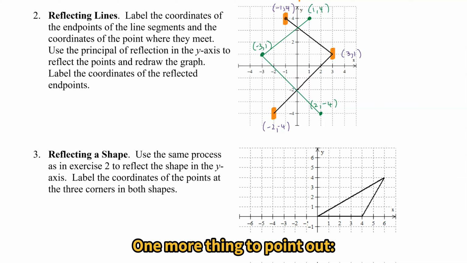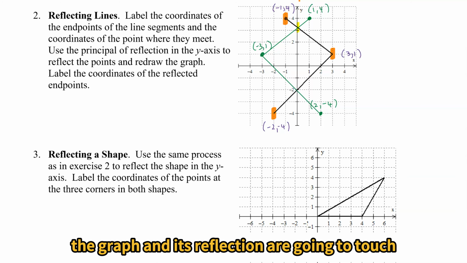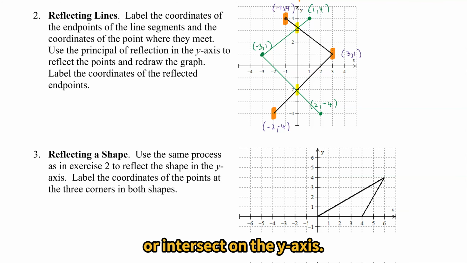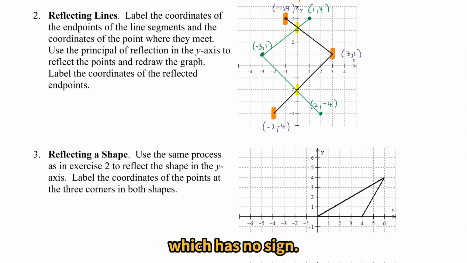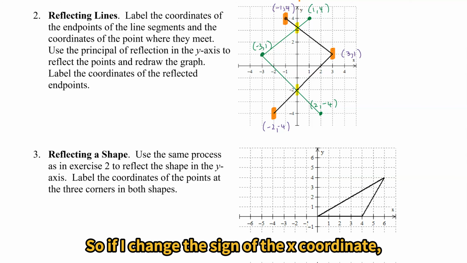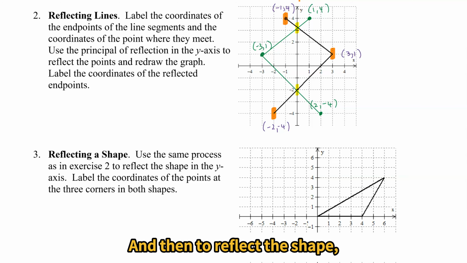One more thing to point out, the graph and its reflection are going to touch or intersect on the y-axis. If I have a point on the y-axis, the x-coordinate is 0, which has no sign. So if I change the sign of the x-coordinate, 0 stays at 0.